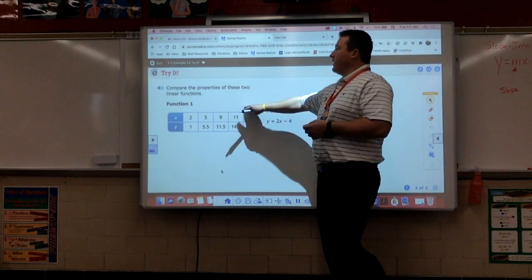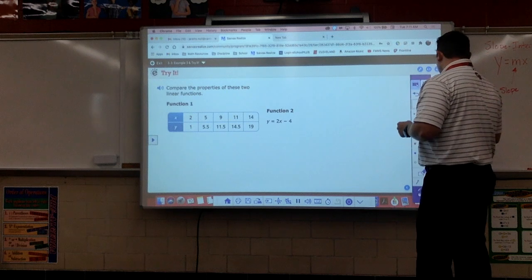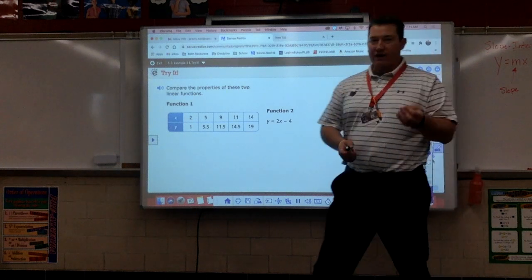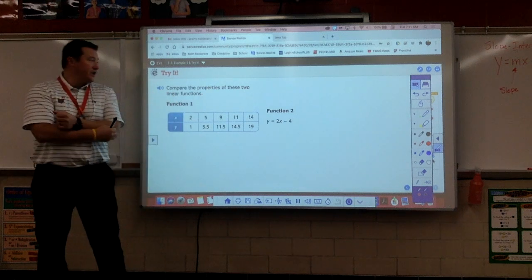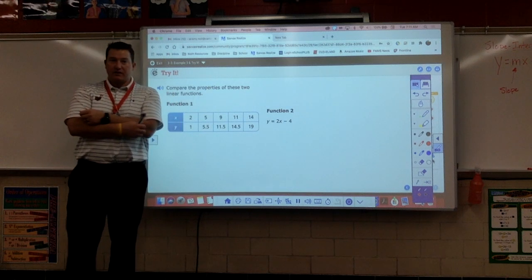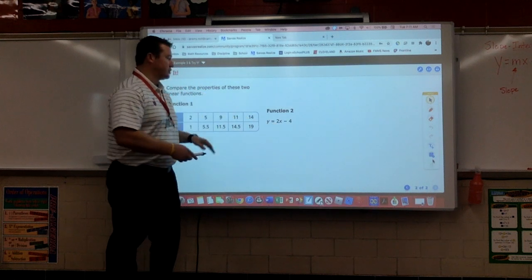Okay, compare the properties of these two linear functions. All right, so guys, we need to identify the rate of change, also known as slope, and we need to identify the y-intercept, the initial value. I think we can easily do that from function 2.